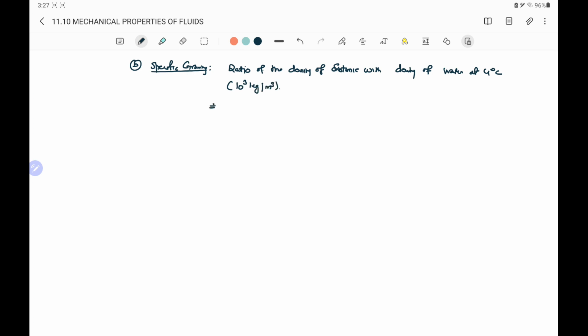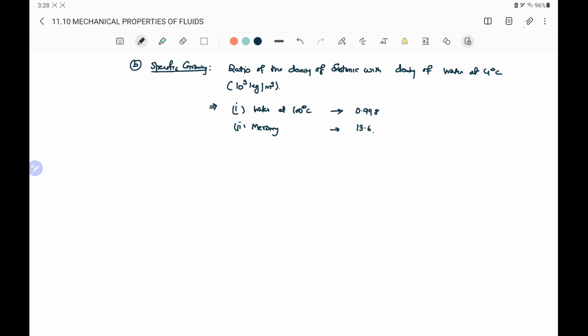So we can write some examples of specific gravity. For example, number 1, water at 100 degrees Celsius will have the specific gravity 0.998. Similarly, mercury will have the specific gravity equal to 13.6.